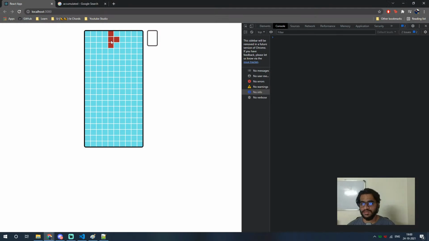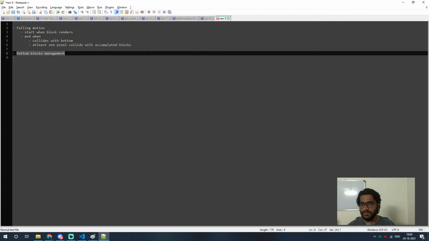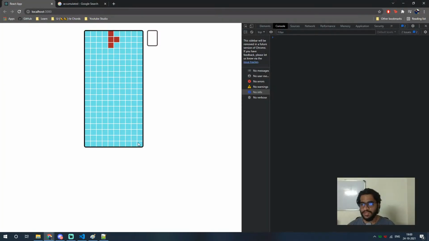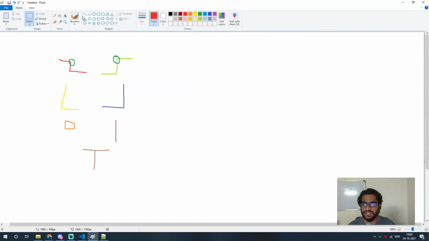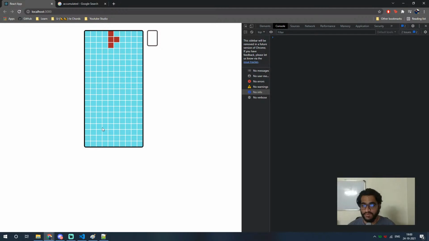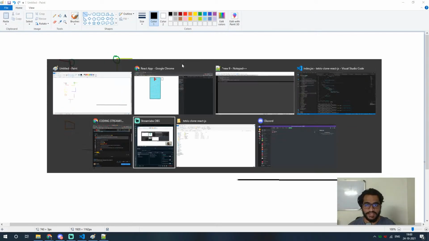Okay, so once falling is done, it collides with the bottom, then we can work on bottom blocks management, which will be the bottom accumulation. Once that is done, falling is done, rotation is done, bottom block management is done, then we can work on the rotation case, the whole scenario that I showed you here in this drawing. We will work on that case. That means it is a totally different case.